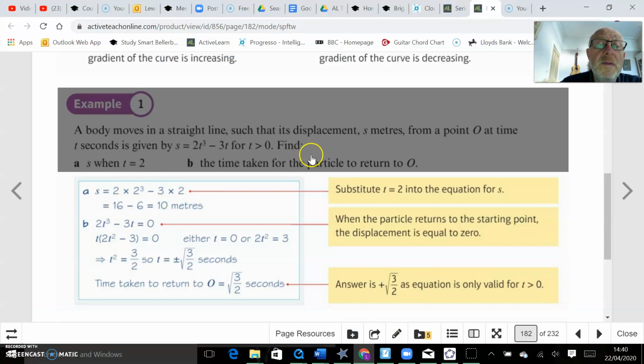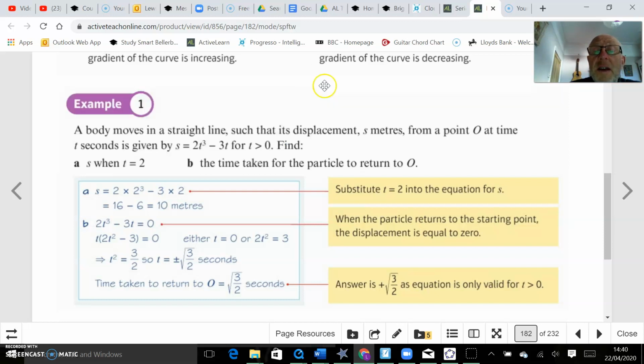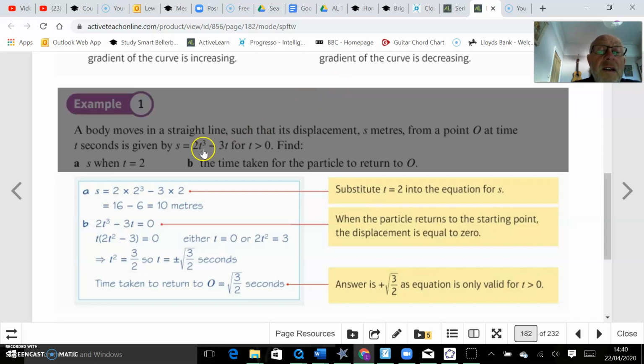Here we've got examples where we have acceleration varying with time. Here we have example 1. A body moves in a straight line such that its displacement s meters from a point O at time t seconds is given by this expression here: s equals 2t cubed minus 3t, when t is positive.